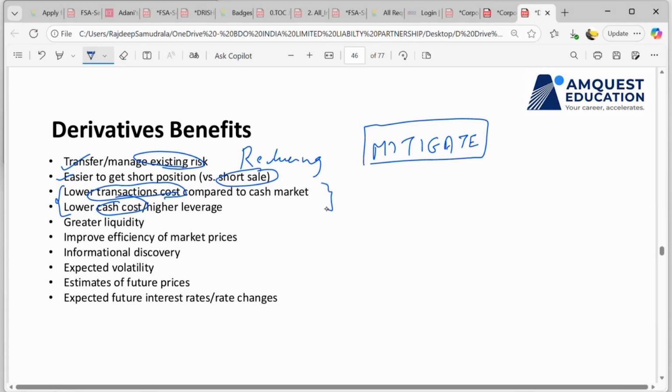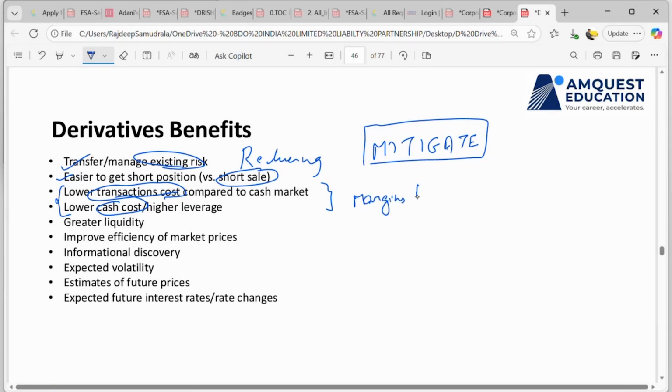Transaction cost is low because if you had purchased the shares, you would have probably paid a certain brokerage on the entire transaction. But when you're purchasing derivatives, the amount you pay as margin itself is very low, because of which the amount of brokerage, STT, CTT, government taxes, GST, all that is much, much lower.